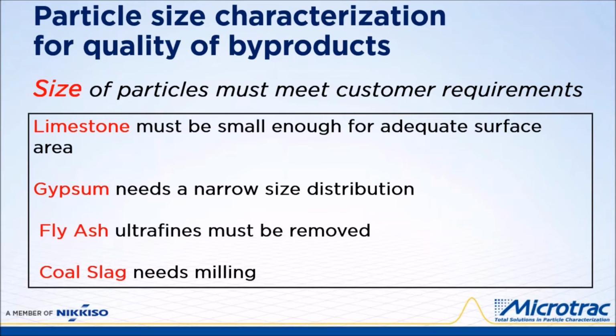Limestone must be small enough for adequate surface area for fast enough reaction with SO2 gas emission. Gypsum must meet a narrow size distribution for wallboard manufacture. Fly ash ultrafines must be removed for it to be useful as a filler in plastics. And coal slag needs milling and screening to reduce it to optimum size for shingle coatings.